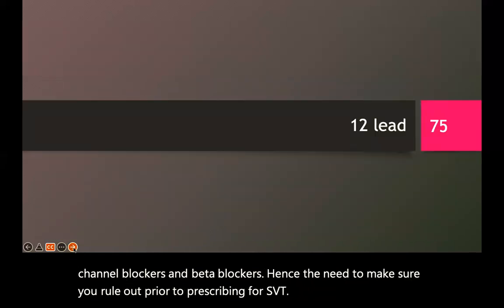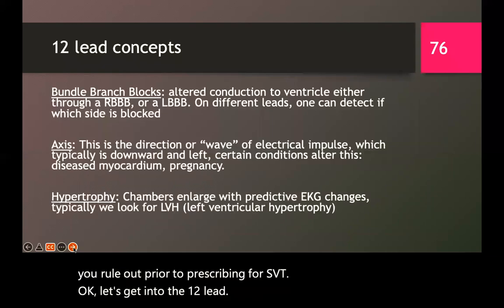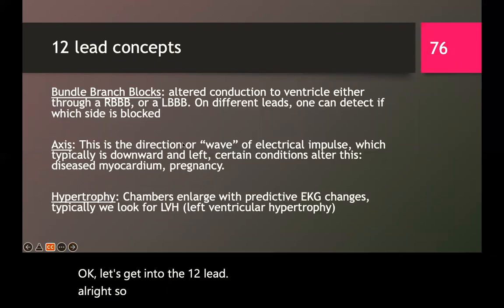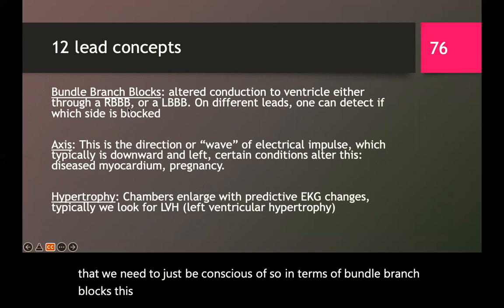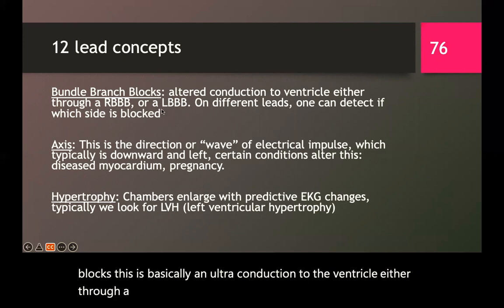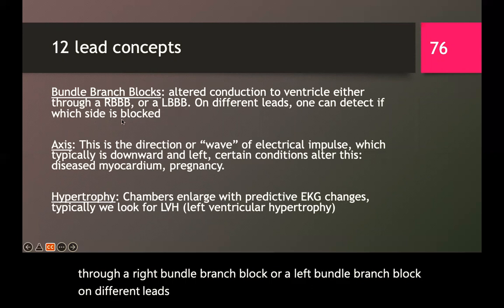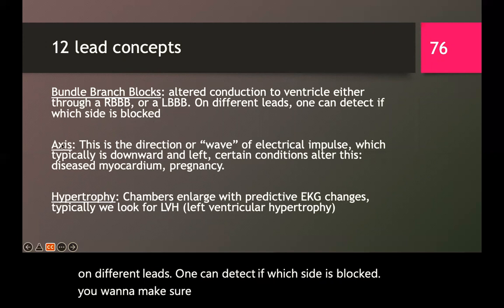Okay, let's get into the 12 lead. All right, so let's just go over 12 lead basic concepts that we need to be conscious of. So in terms of bundle branch blocks, this is basically an altered conduction to the ventricle, either through a right bundle branch block or a left bundle branch block. On different leads, one can detect which side is blocked. You want to make sure you understand the concept of the axis.